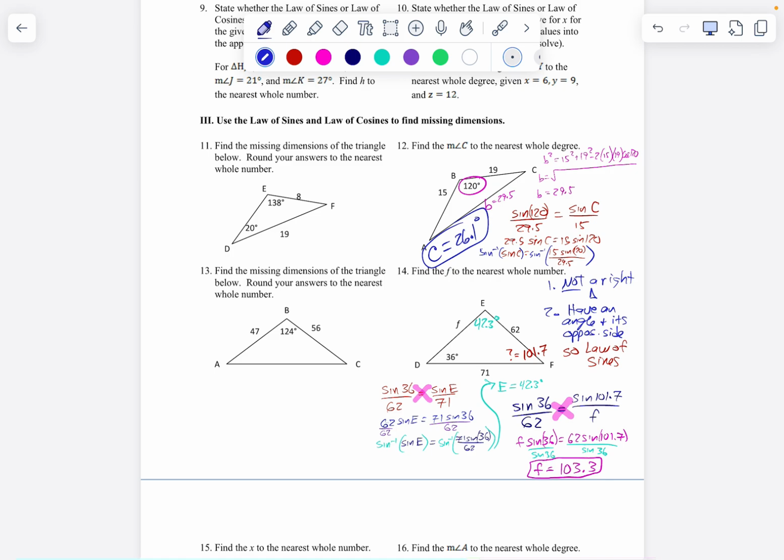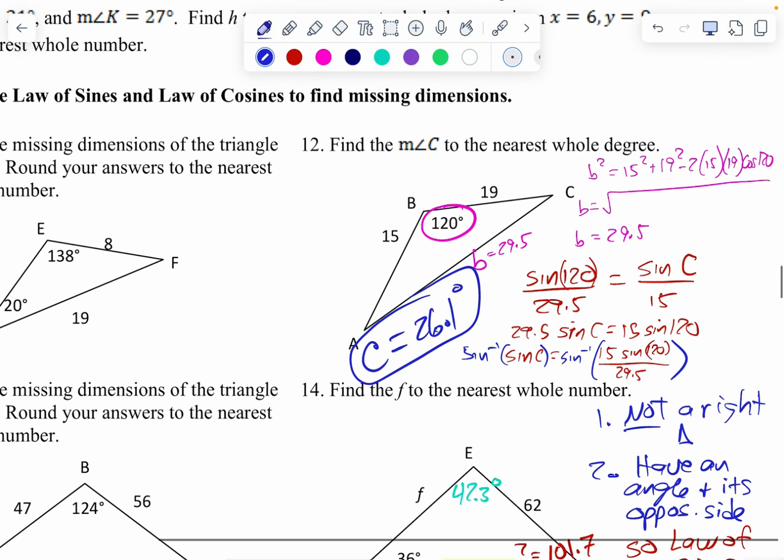Law of cosines. Okay. It's acceptable. It's not as good because it's just a little bit awkward. Do you agree? Now, I feel like at this point, solving for a side length with law of cosines should be okay, because it's just plug in everything and square root it, essentially.